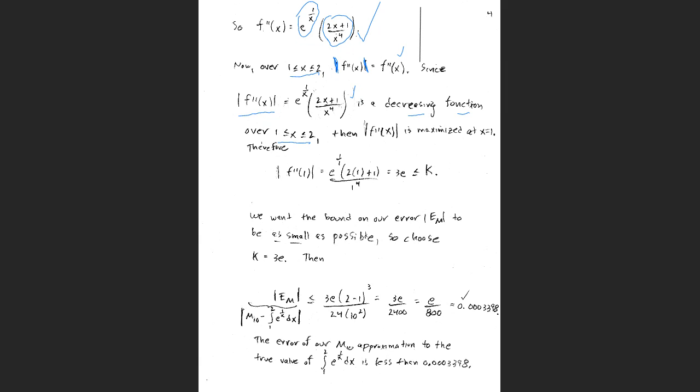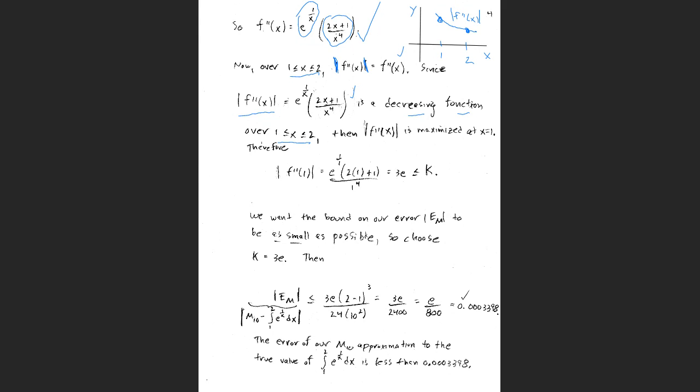let's just say my function looks like this. I'm sorry, my second derivative, the absolute value of my second derivative, is decreasing, and it's decreasing from 1 to 2. This is the x-axis and the y-axis.